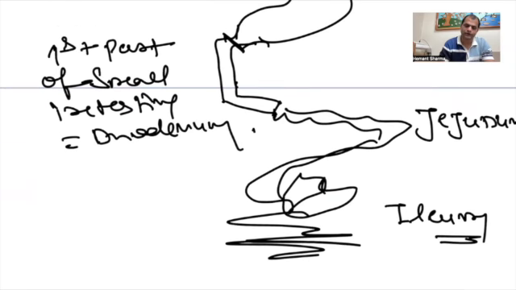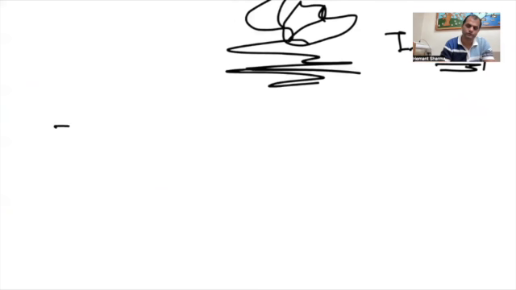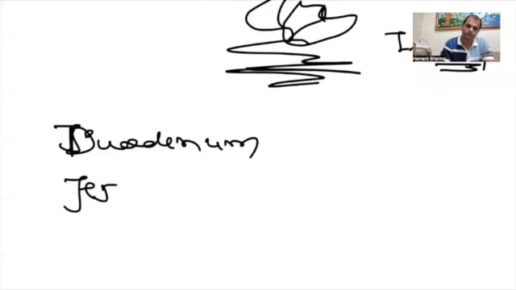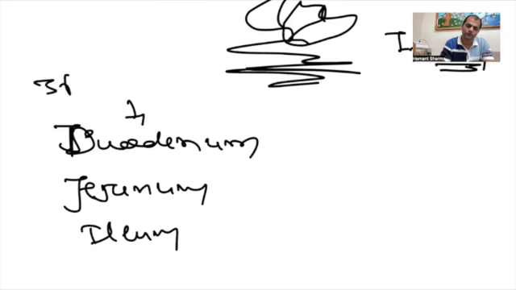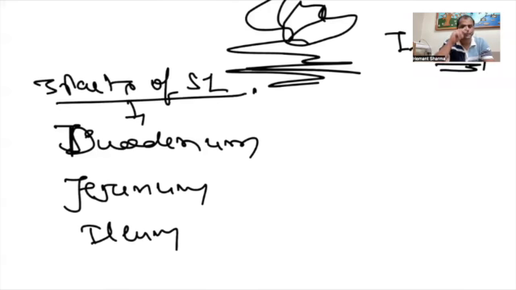So a small intestine is made of 3 parts: duodenum, jejunum, and ileum. The small intestine is a very, very important part of the human body. There is a lot of absorption and digestion happening in the small intestine.